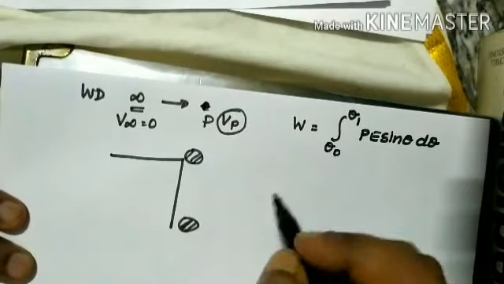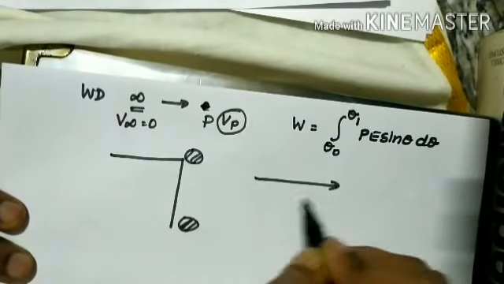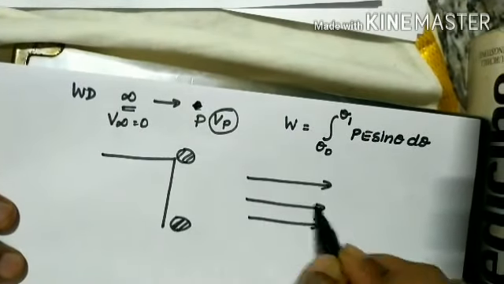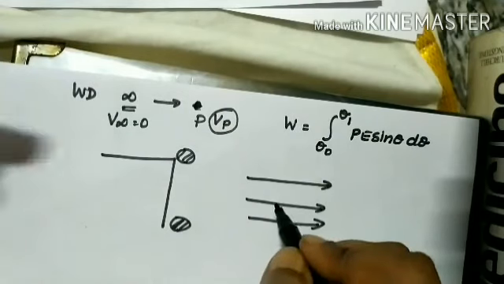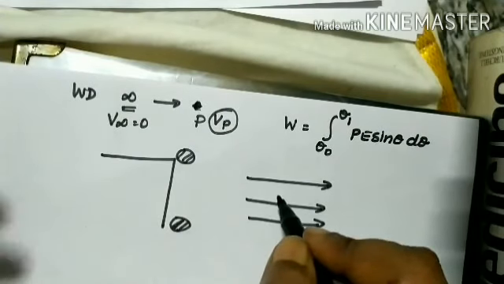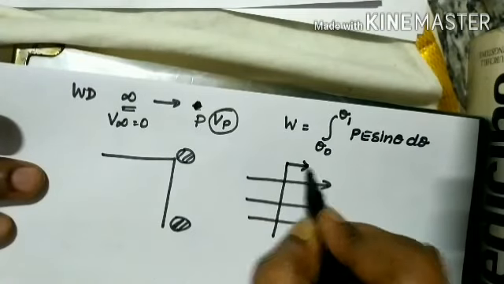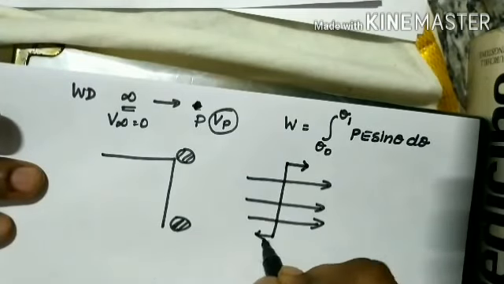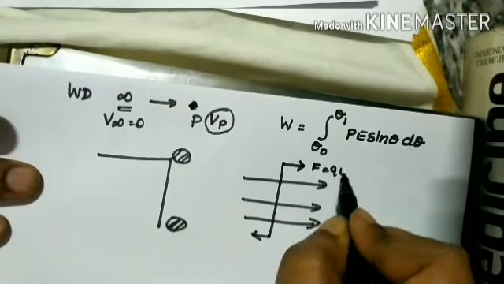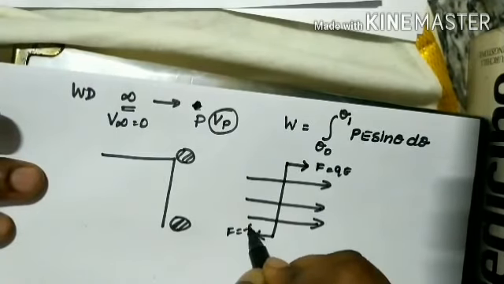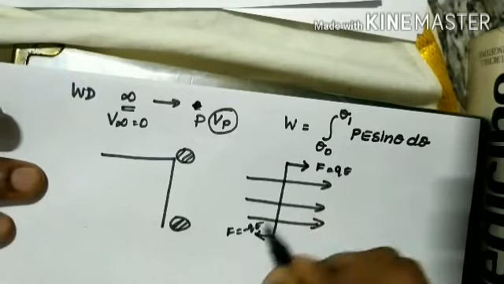So can you say when this is your electric field, in which condition the work done or the potential energy is 0 for a dipole? It is this condition. This is the dipole. The force will be in this direction. Right? Remember, F is equal to qE. F is equal to minus qE. They equally negate each other.